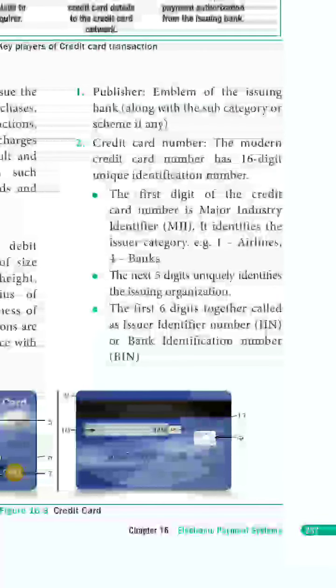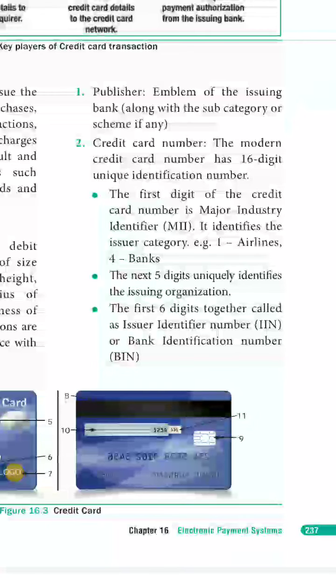The modern credit card number has a 16-digit unique identification number. The first digit of the credit card is the major industry identifier, MII. Okay, so first digits, not only the first digit, the first four digits are now the major industry identifier.